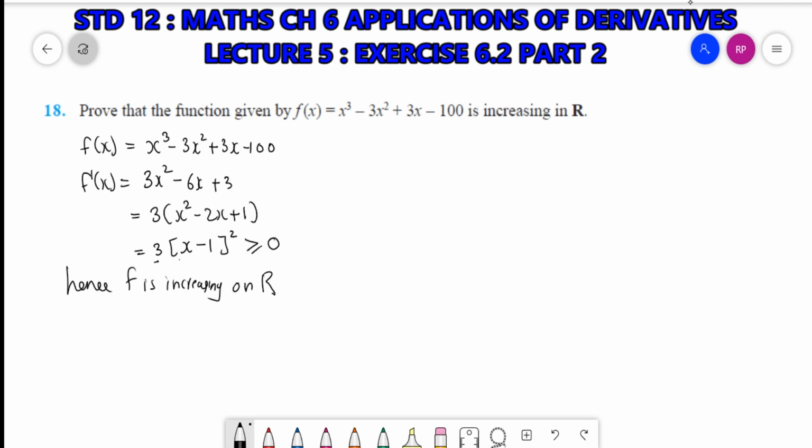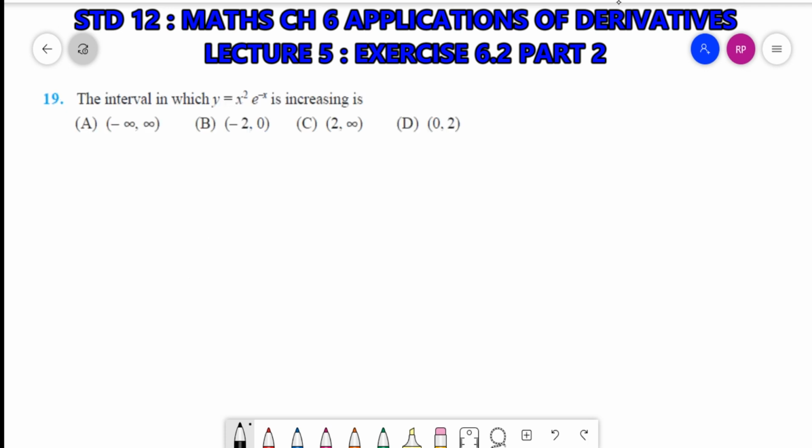Okay, that is question number 19, the last for this exercise. Question number 19: the interval in which y equal to x square e raised to minus x is increasing. Okay, so let's take y equal to f(x), and that is equal to x square e raised to minus x.